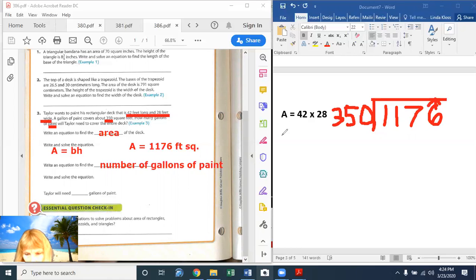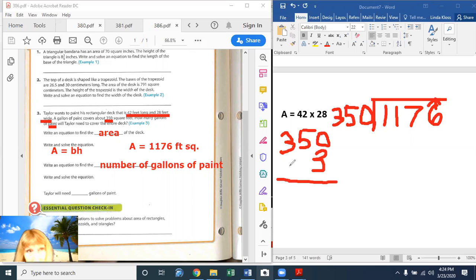So now I got to kind of go off on the side here and multiply out. 350 times 2 is 700, so times 4 would be 1,400. So that's probably too many. So let's try 3.